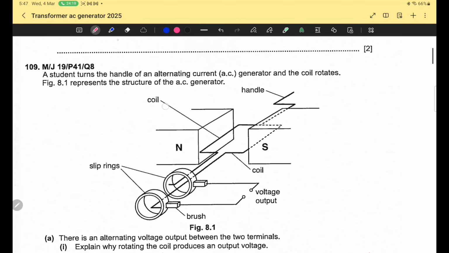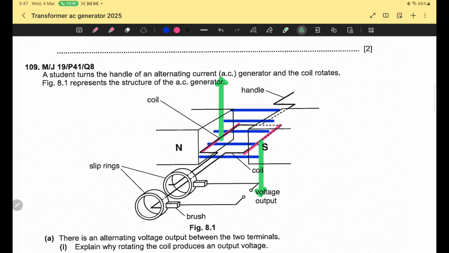I am explaining. The magnetic field is horizontal. But when the coil is in horizontal position, then this side of the coil is moving upward, and this side of the coil is moving downward.